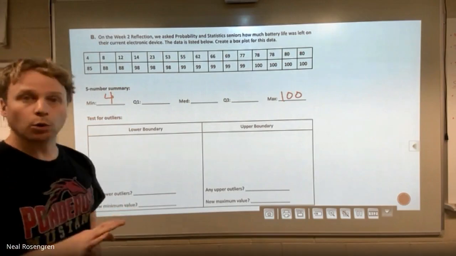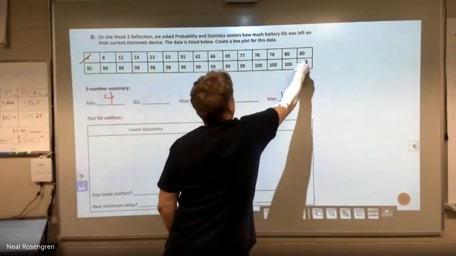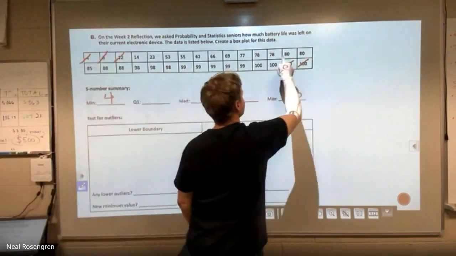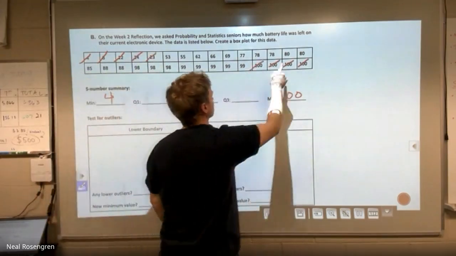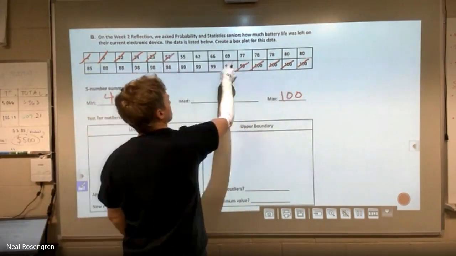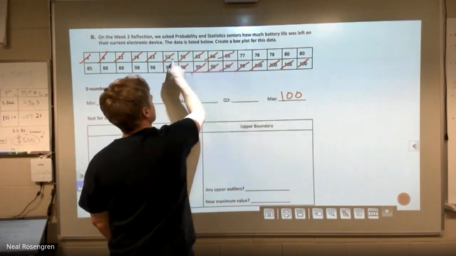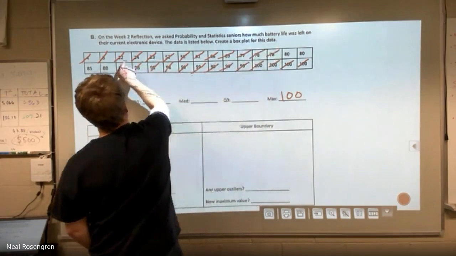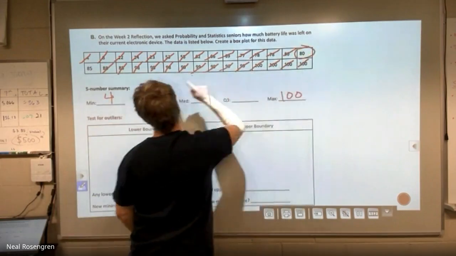And our median is, of course, down the middle. I have a feeling it's probably going to be halfway between that last 80 right there and the first 85 right there. Right there, 6, 7, 8, 9, 10, 11, 12, 13, 14, 15 pairs there.